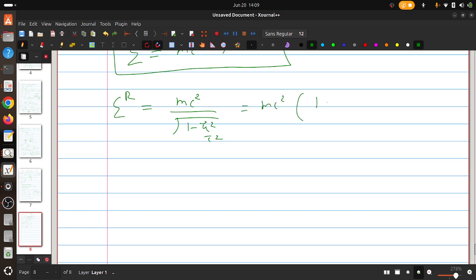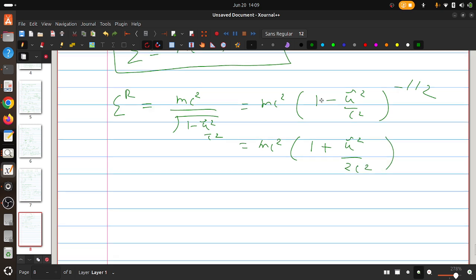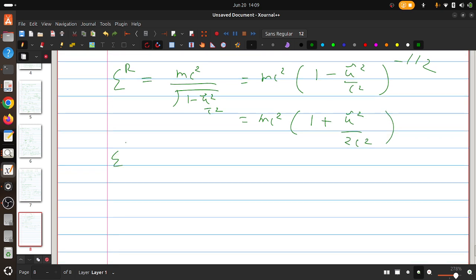So it would be 1 minus u square by c square to the power minus 1 by 2, and this would be mc square times 1 plus u square by 2c square. So relativistic energy comes out to be mc square plus half m u square.